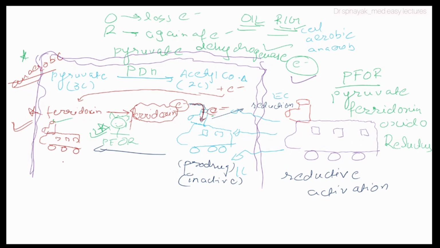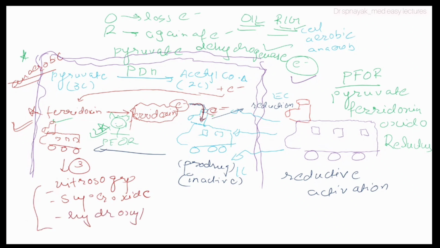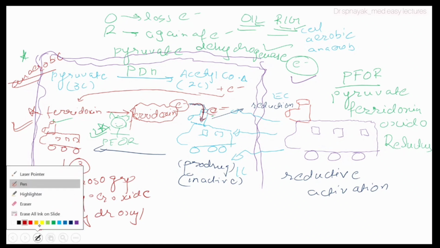It will become highly reactive and it will release three toxic compounds: the nitroso group, a superoxide, and a hydroxyl radical. These all three are very, very toxic for the anaerobic microbes.